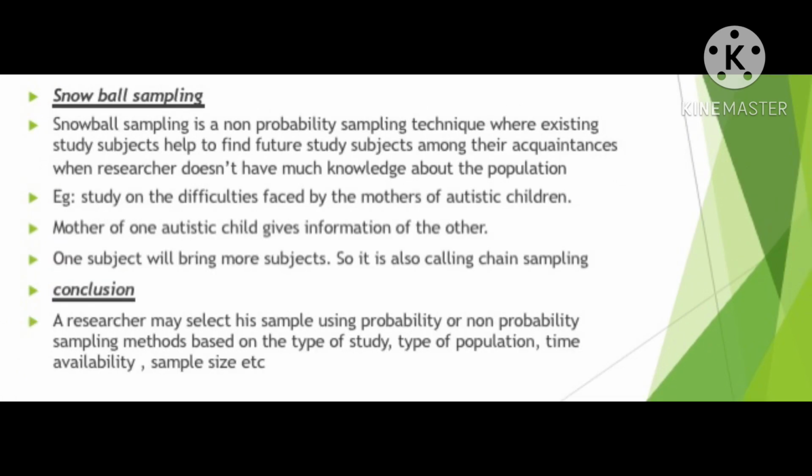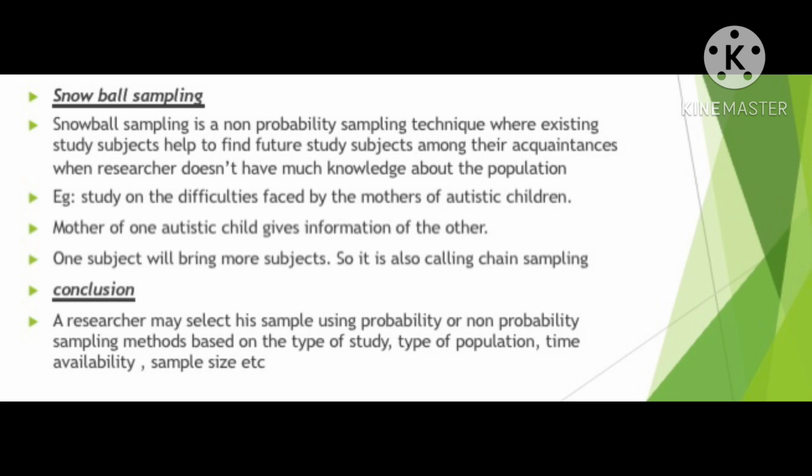Next is snowball sampling. In this type of sampling, the initial sample helps the researcher find future samples or more samples for the research study. For example, a researcher is doing a study on mothers of autistic children. One mother may be known to the researcher.